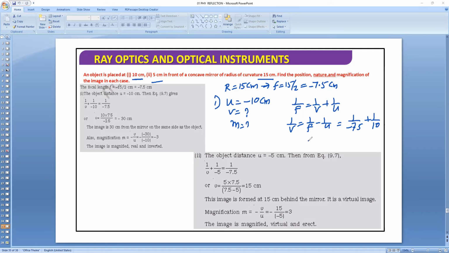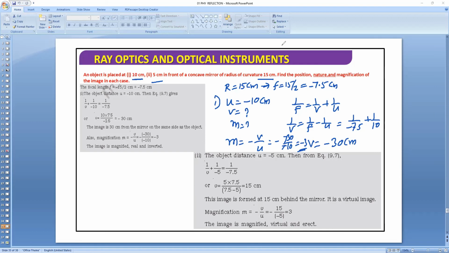After solving this, V is equal to minus 30 centimeters. Then magnification M is equal to minus V by U, which means minus of minus 30 by minus 10, which means minus 3. So the image is magnified, real and inverted.